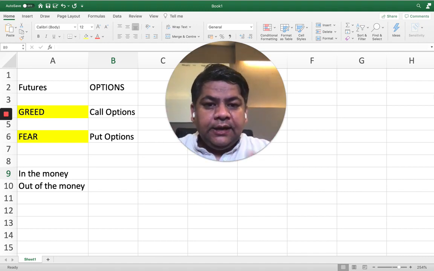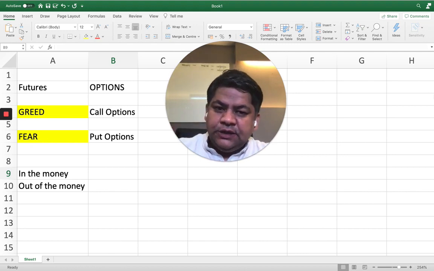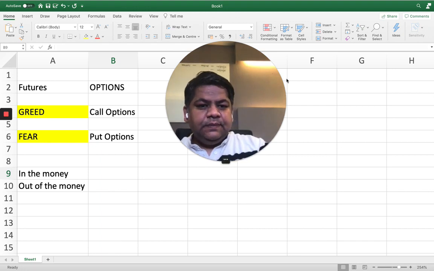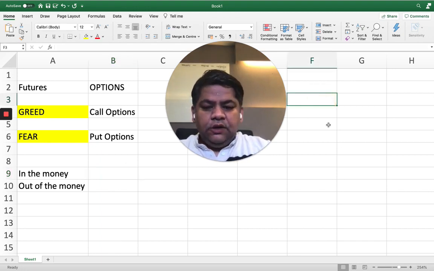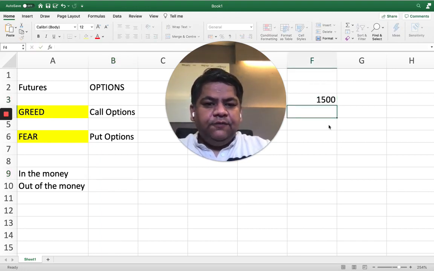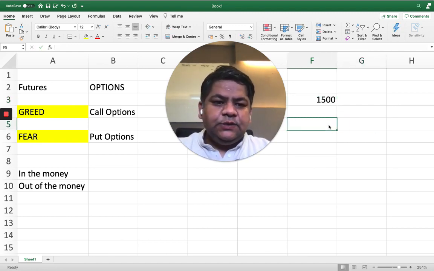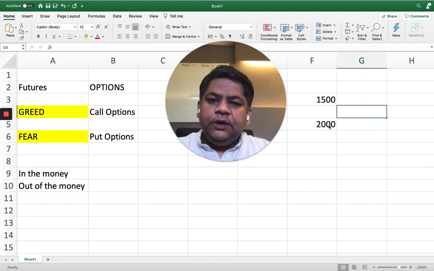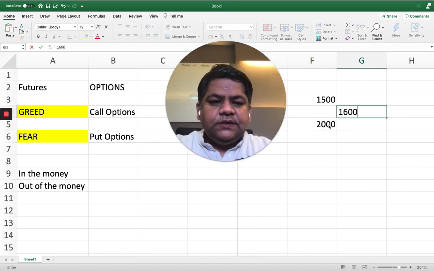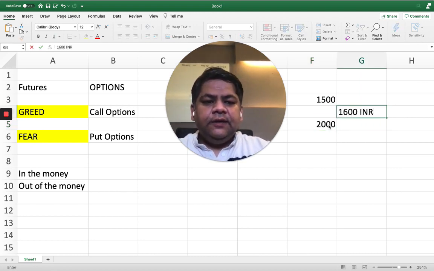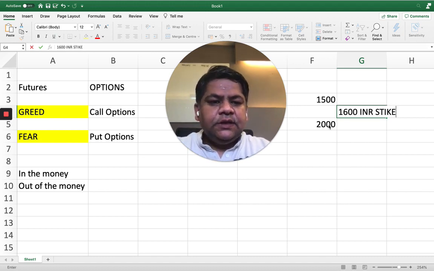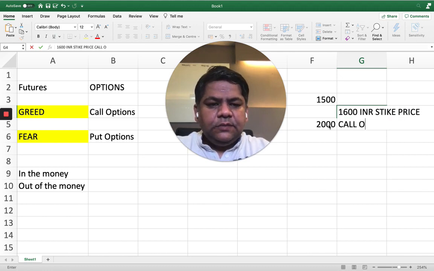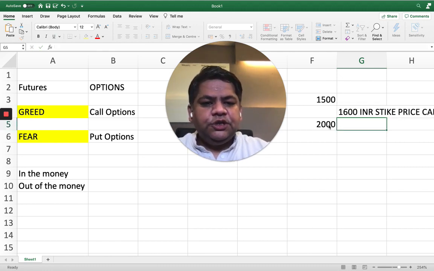How? Again, the Reliance stock price is 1500 rupees. Now, if you want to really make a benefit of your own analysis, where you think it is going to go to 2000 rupees, what can you do? You can buy the 1600 rupees strike price call option, isn't it? This is what I showed you in the option chain.